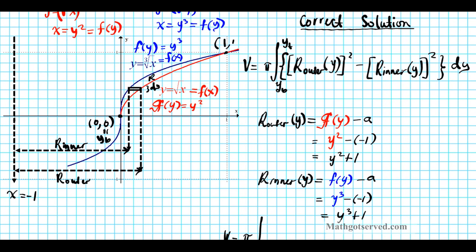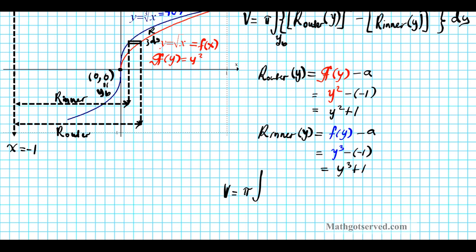This point right here is 1, 1. So this coordinate, the y coordinate, is what we're looking at. Y bottom to y top. Let's write the top properly. Y bottom to y top is going to be from 0 to 1.